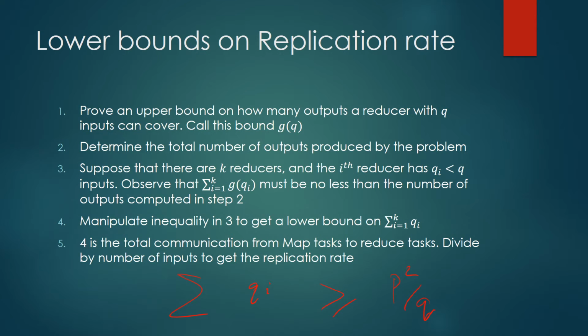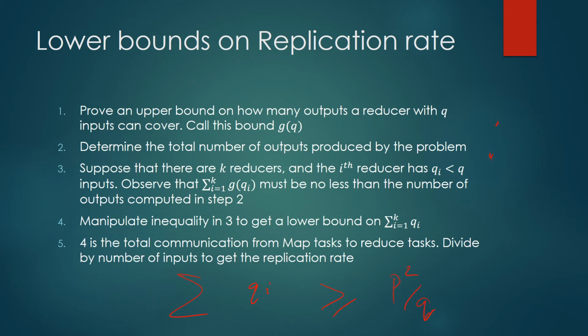So how do we get the replication rate? Can you explain that? Okay. So did you get it? Do you have this? You get this expression. This is the inputs that all the reduce tasks receive, right? Which is the total number of keys that get generated by the map tasks. So that is the communication between the map tasks and the reduce tasks, this expression, summation of Qi.